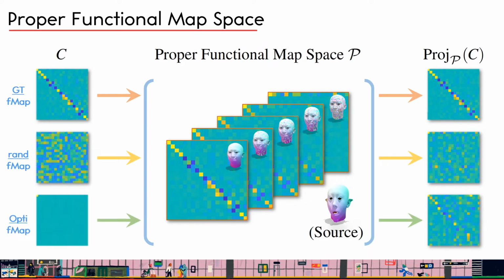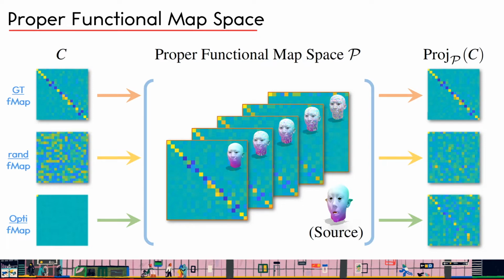In this example, we show the optimized functional map from the standard functional map pipeline. We can see that this is very different from its projected functional map. This shows that the standard functional map optimization without any hard constraint can lead to a functional map that does not have an underlying pointwise map, and the conversion step, which is the projection step here, can introduce some errors.